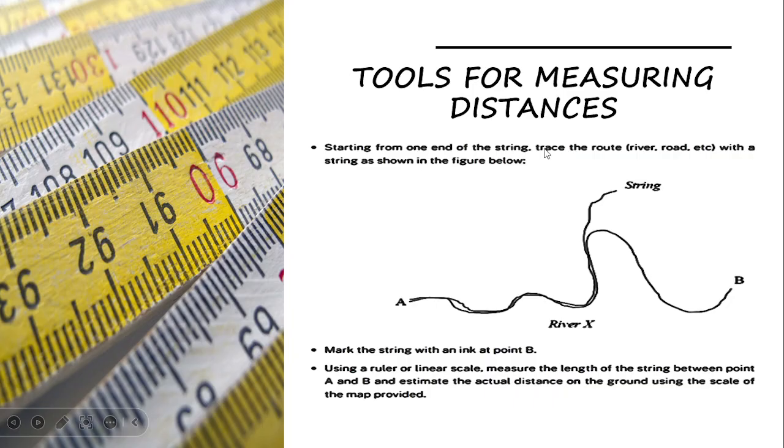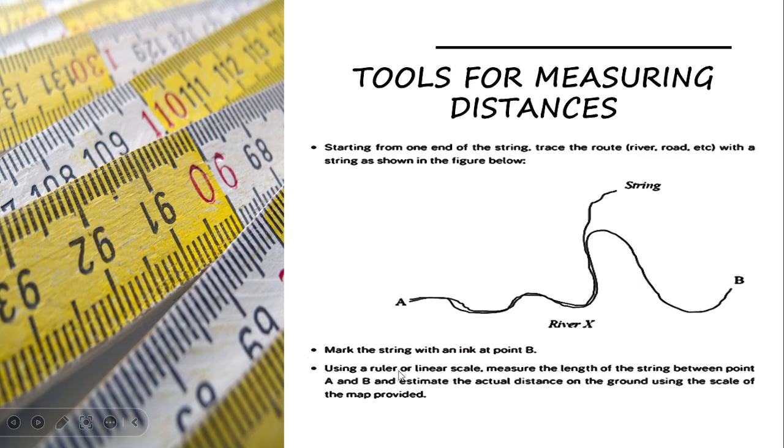Starting from one end of the string, take an example point A, trace the route, maybe a river, road, etc., with the string as shown in the figure below. Here we are trying to track this river X, so we've started from point A. Now using that string or thread, you follow its path from point A to point B. Now mark the string with ink at point B, so you identify where that distance has ended.